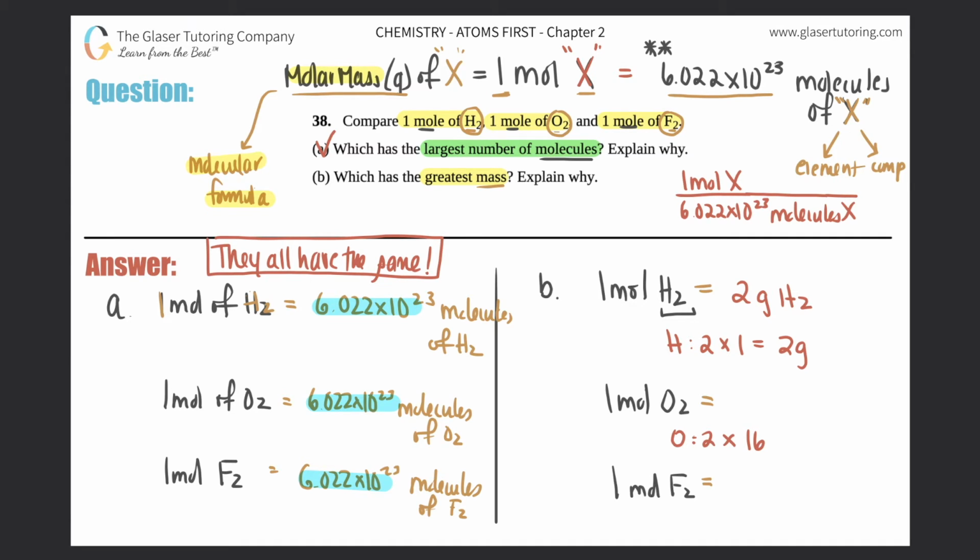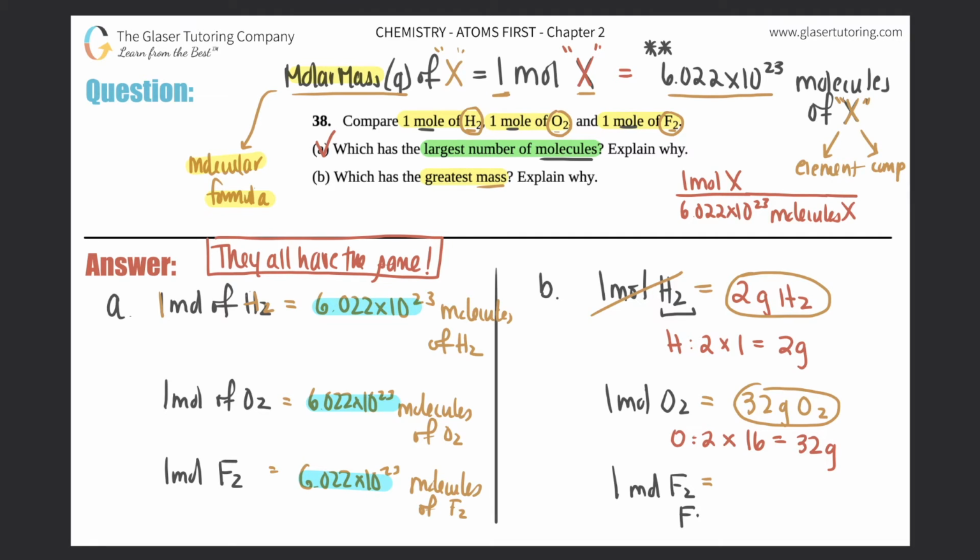I'm just going to say it's 16. 2 times 16 is 32 grams. So 1 mole of O2 equals 32 grams of O2. So automatically we know that H2 is not the answer because we want to know the greatest one. 32 is greater than 2. So H2's out.